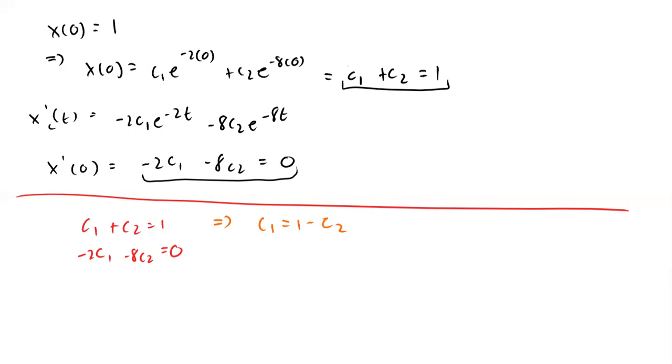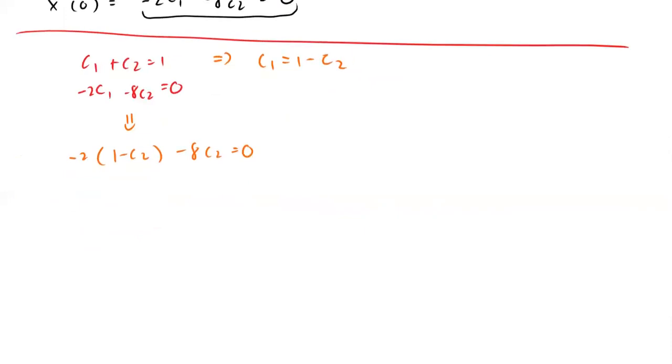Plug it in: -2 times (1 minus C2) minus 8C2 equals 0. Let's simplify: -2 plus 2C2 minus 8C2 equals 0. Add 2 to both sides, combine 2C2 minus 8C2, and we get -6C2 equals 2, which implies C2 equals -1/3. Just divide by -6 on both sides.